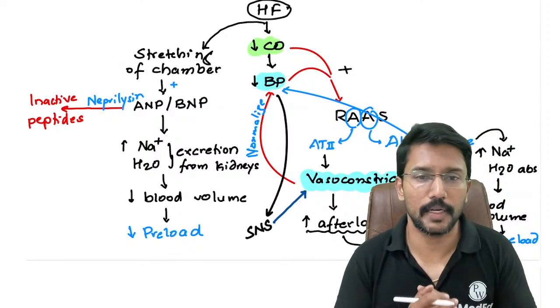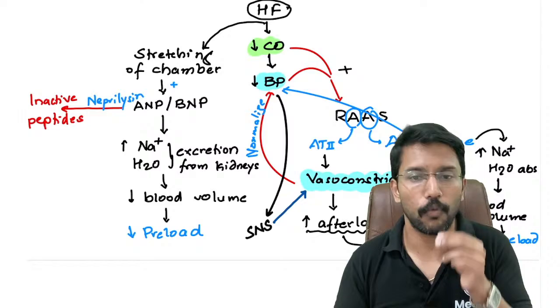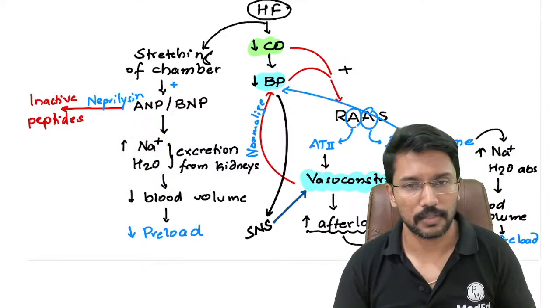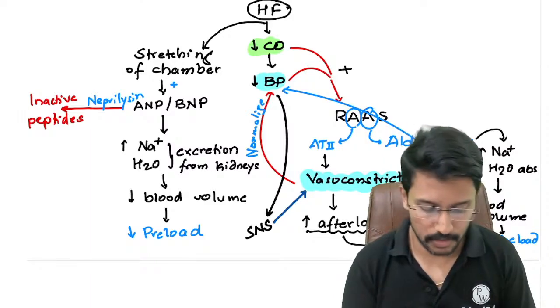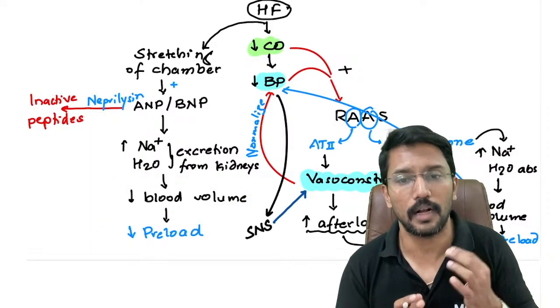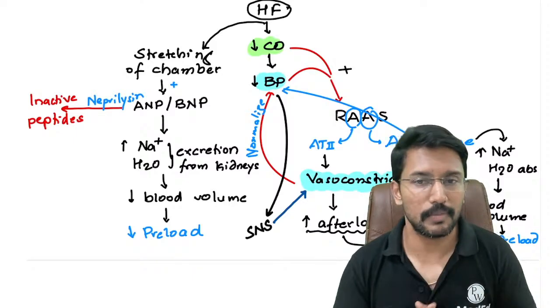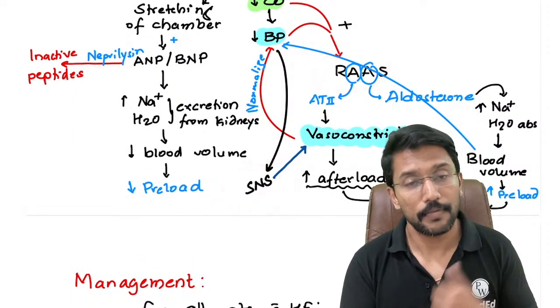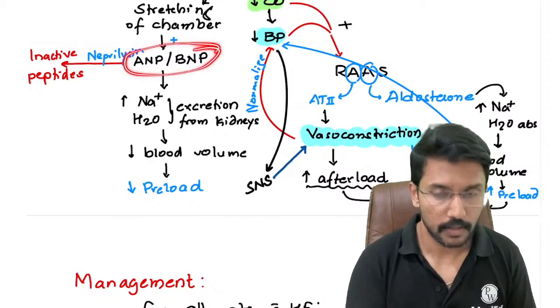What do natriuretic peptides do? They do exactly the opposite of what aldosterone does. They increase the sodium excretion and water excretion. So by increasing sodium and water excretion, they decrease the blood volume and thus they decrease the preload. So they unburden the heart. So when it comes to treatment of heart failure, we need to block the sympathetic nervous system and RAS, and we need to support this ANP, BNP, right?